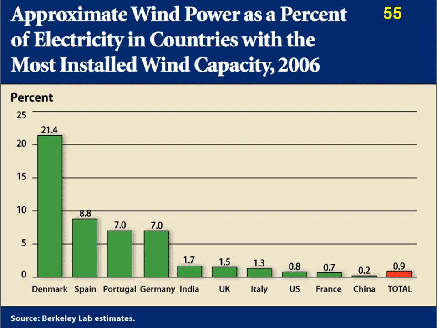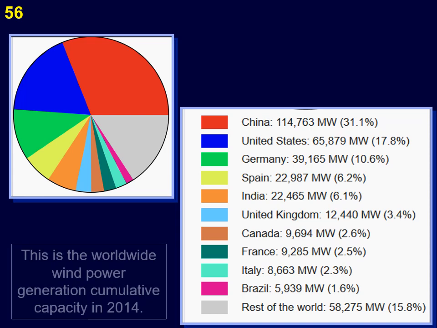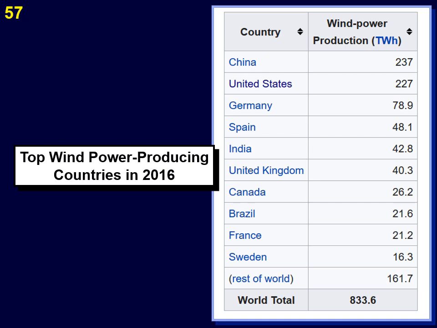This is the wind power as a percentage of the total electricity production in the countries with the most installed wind power capacity. This is the worldwide wind power generation cumulative capacity in 2014. These are the top wind power producing countries in 2016.